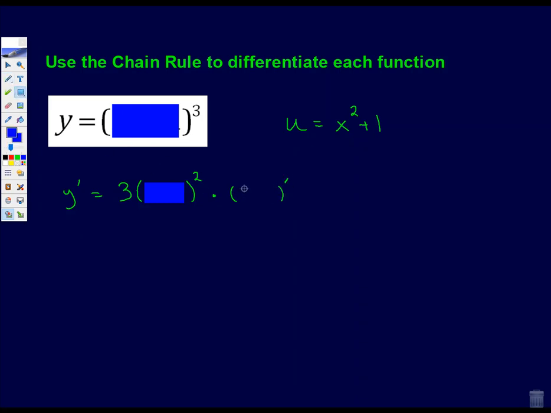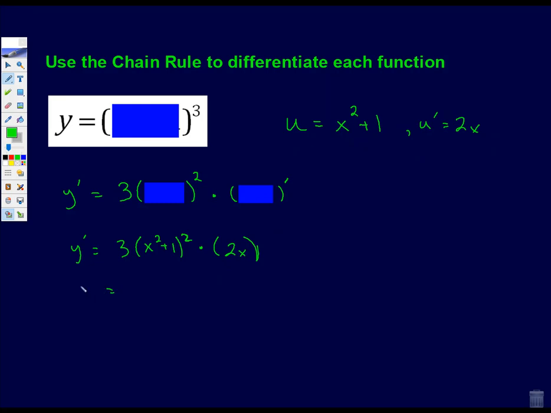So maybe we could even say this. It's going to be 3 times something squared times the derivative of that something, the prime. So now wherever there's a box, I'm going to put x squared plus 1, but where there's the prime, we take the derivative of this. So my derivative y prime is now 3 times the original inner expression squared times the derivative of x squared plus 1, which is 2x.